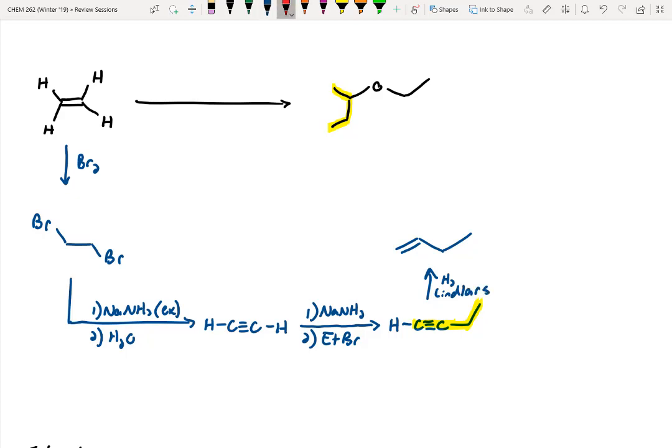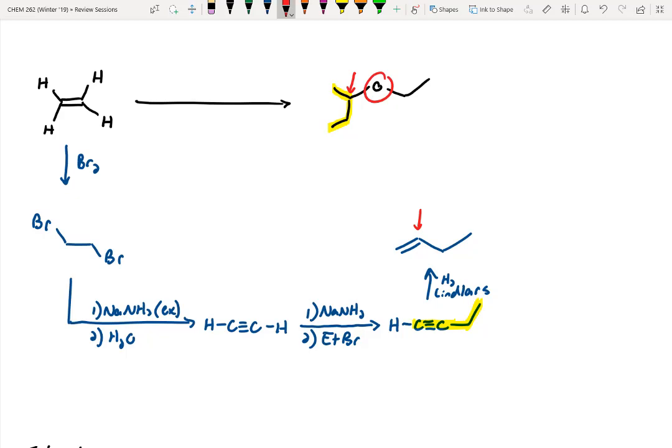All right, we need to add an oxygen into the more substituted side of that alkene. How can we do that? So we want to add this oxygen onto the second carbon of our 4 carbon chain. How can we do that?